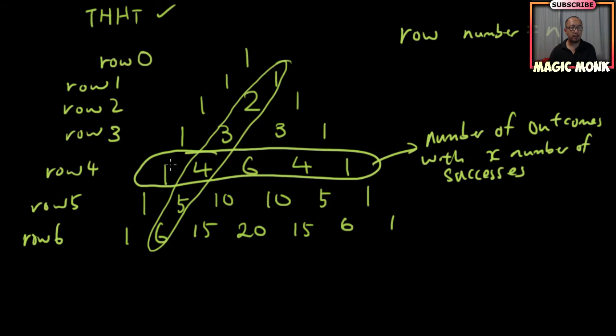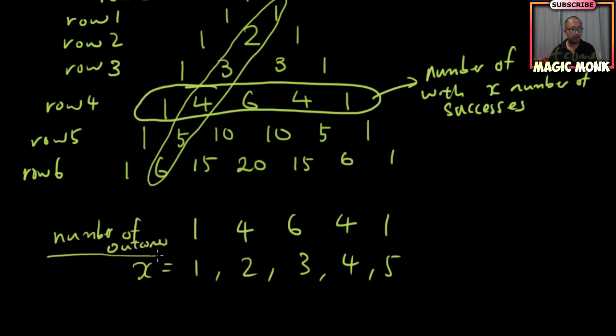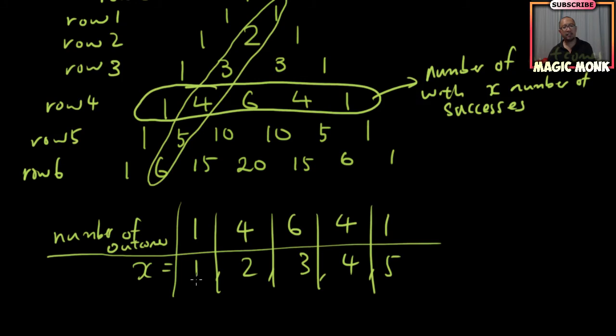Right, so when X is 1, there will be one outcome.